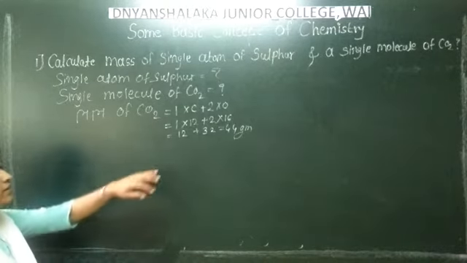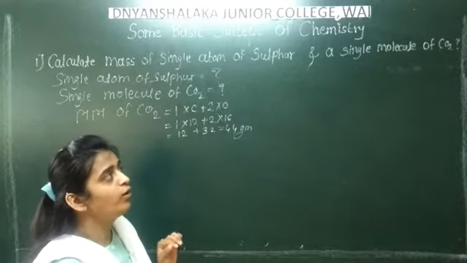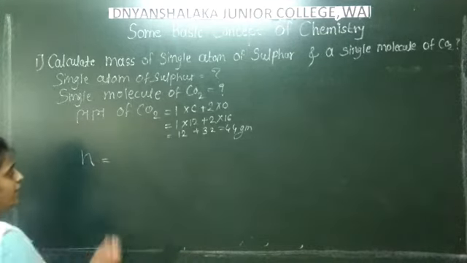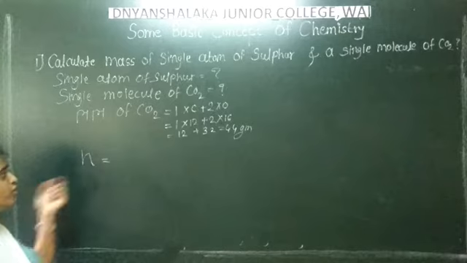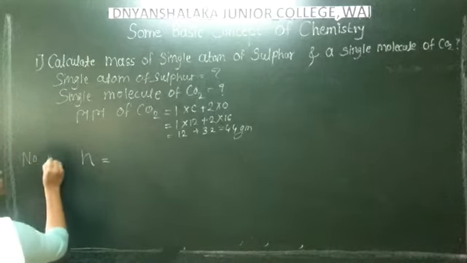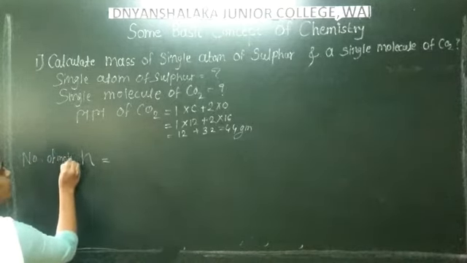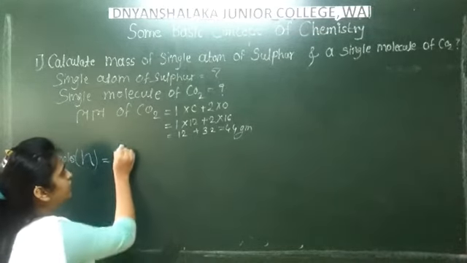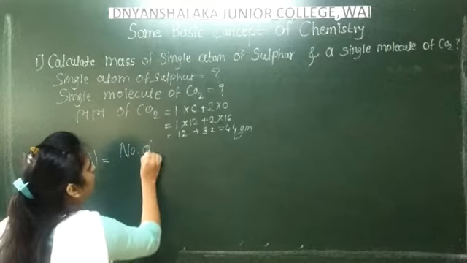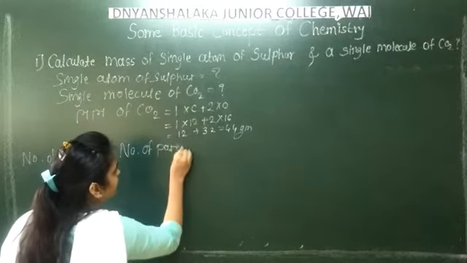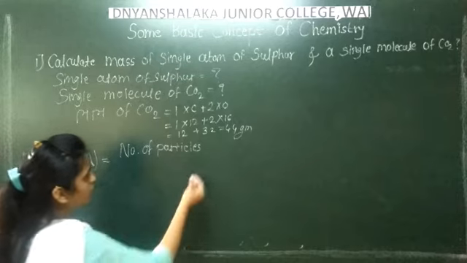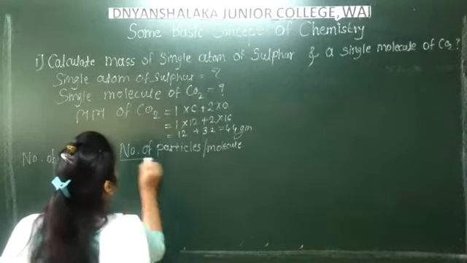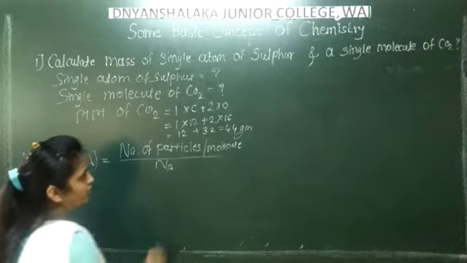In the second part we are given a single molecule of carbon dioxide, meaning one molecule. So we use the second formula to find the number of moles. The number of moles, denoted as small n, is equal to the number of particles or molecules upon Na, the Avogadro number.